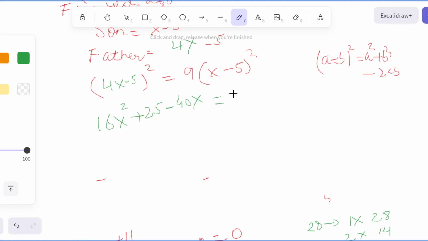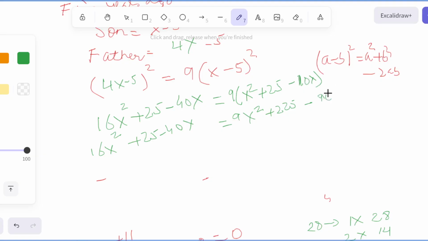And this becomes 9 times x squared plus 25 minus 10x. And now if you open up the bracket, this becomes 16x squared plus 25 minus 40x equal to 9x squared plus 225 minus, it was minus 10, right? So it becomes minus 90x.